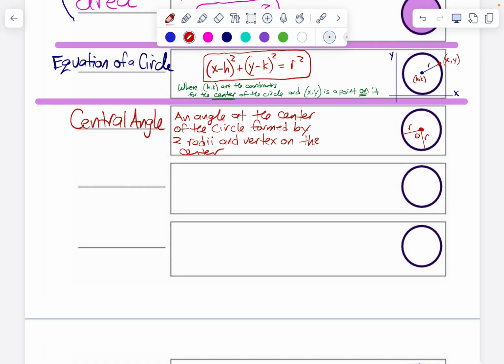Okay, next word. I think I mentioned this, but there's a lot of vocabulary in the circles unit. Intercepted arc.